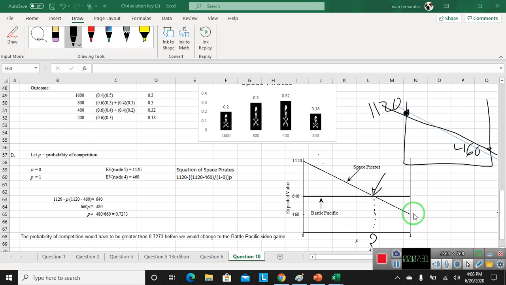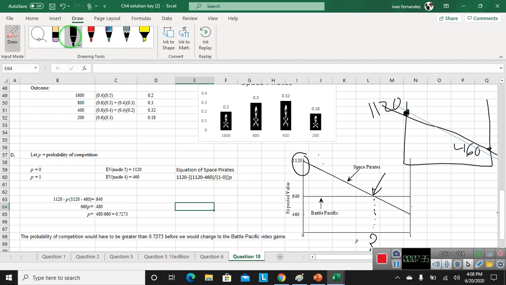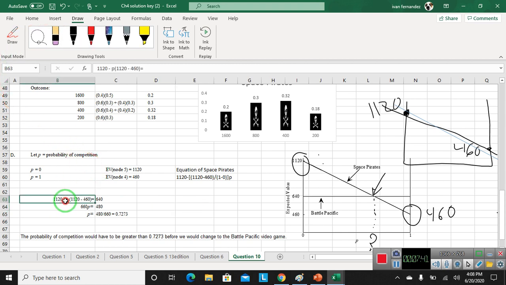You do this one minus this one, and that is 460. So 1,120, the y-intercept, minus p times (1,120 minus 460), close the parenthesis. That is going to be equal to Battle Pacific, which is 640.